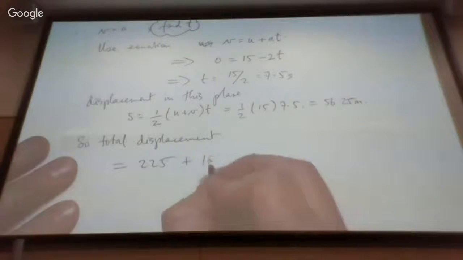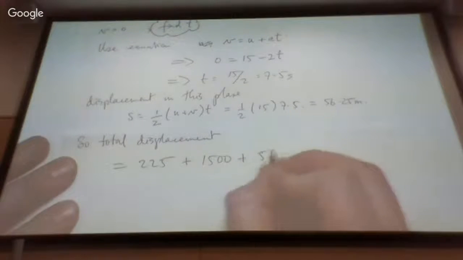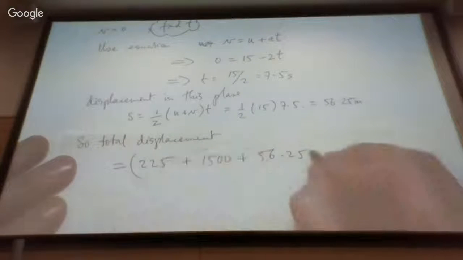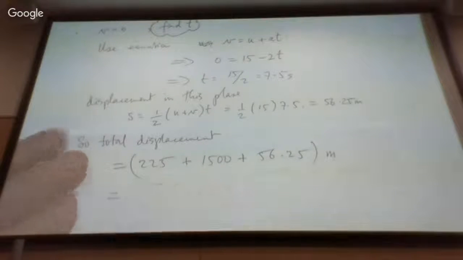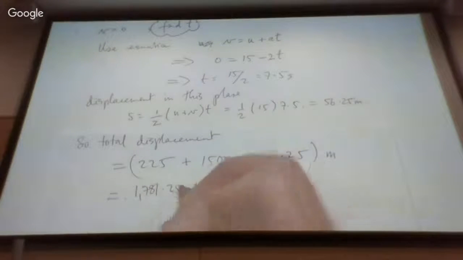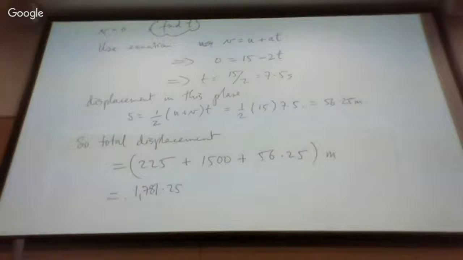So 225 plus 1500 plus 56.25 meters, which equals whatever it equals, 2,781.25, just over 1.7 kilometers.